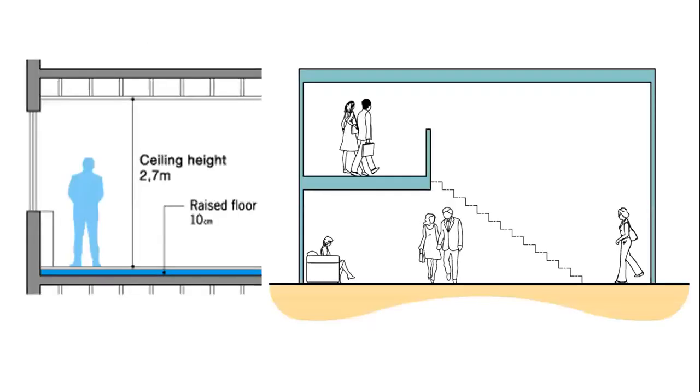As you can see on the section, the clearance should be 2.7 from the finished floor line to the ceiling line. So a clearance of 2.7 is for natural ventilation.